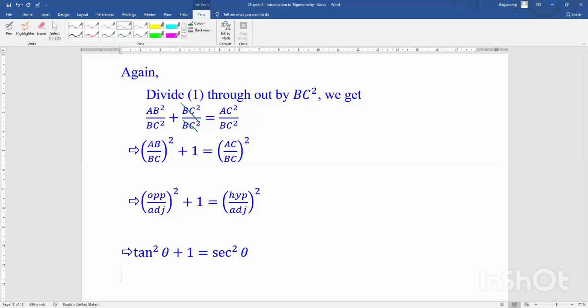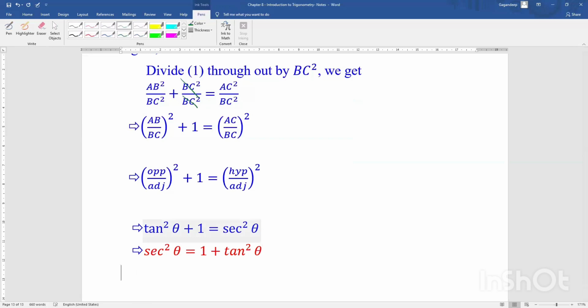So finally I get secant square theta equals 1 plus tan square theta.